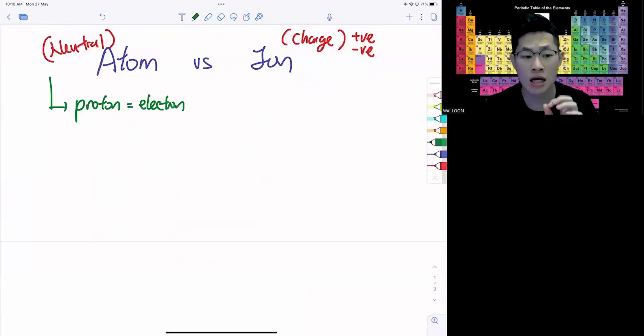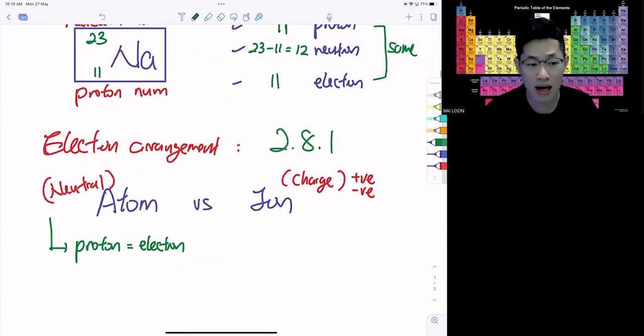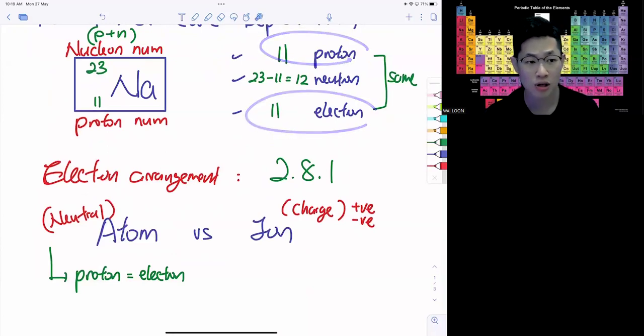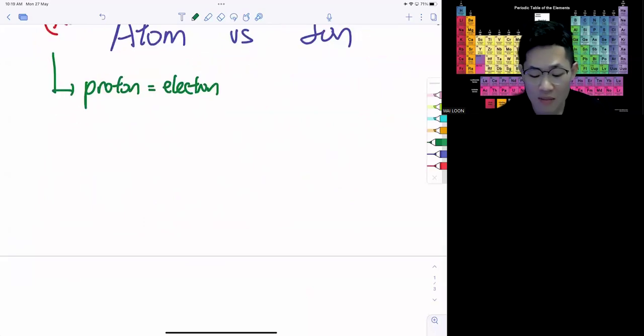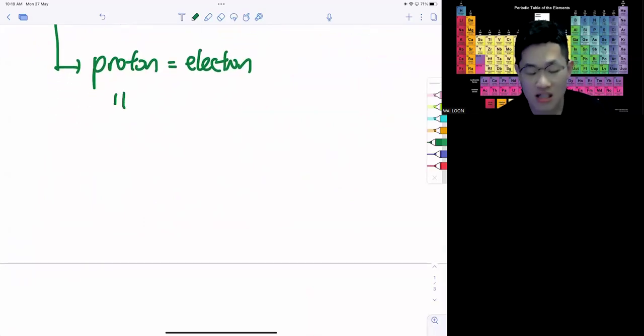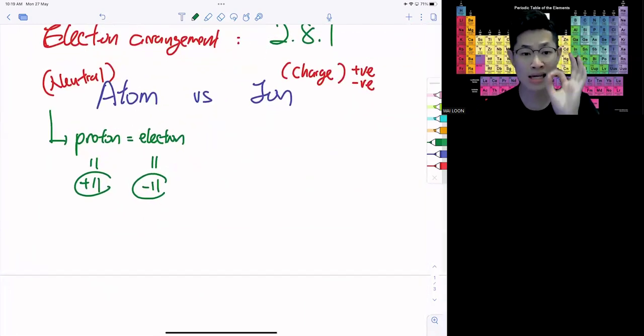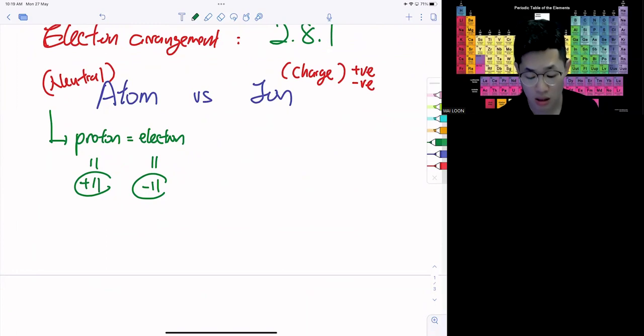So like the case just now, the sodium has 11 protons and 11 electrons. 11 protons give it a charge of positive 11, while 11 electrons give it a charge of negative 11. Positive 11 and negative 11 equal 0. So that's why it doesn't have any charge.